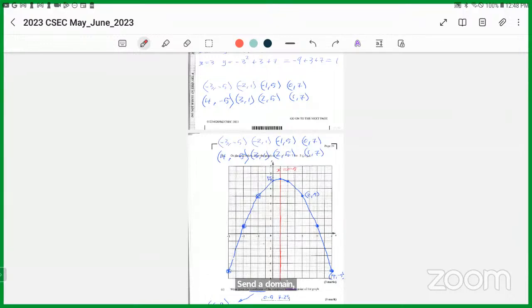I want to see everybody working, everybody putting in the work. That is how we get the results. More maths equals better maths every time. The more we do, the better. All right? So we need to do more.